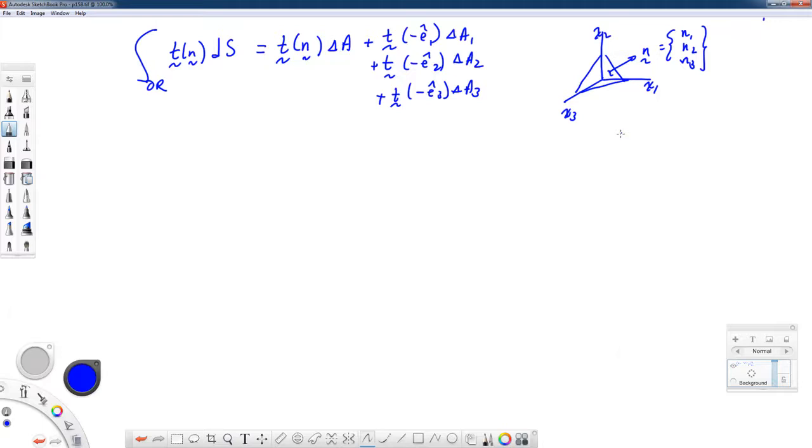Then it turns out that the area of each of the three sides is the unit normal component times the area of the front face. Okay, so delta A1 is equal to n1 times delta A. Delta A2 is equal to n2 times delta A. Delta A3 is equal to n3 times delta A.